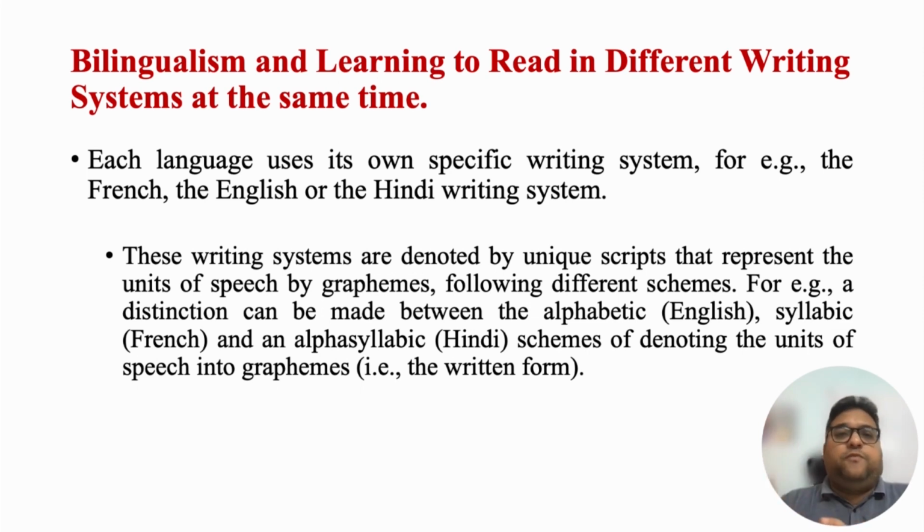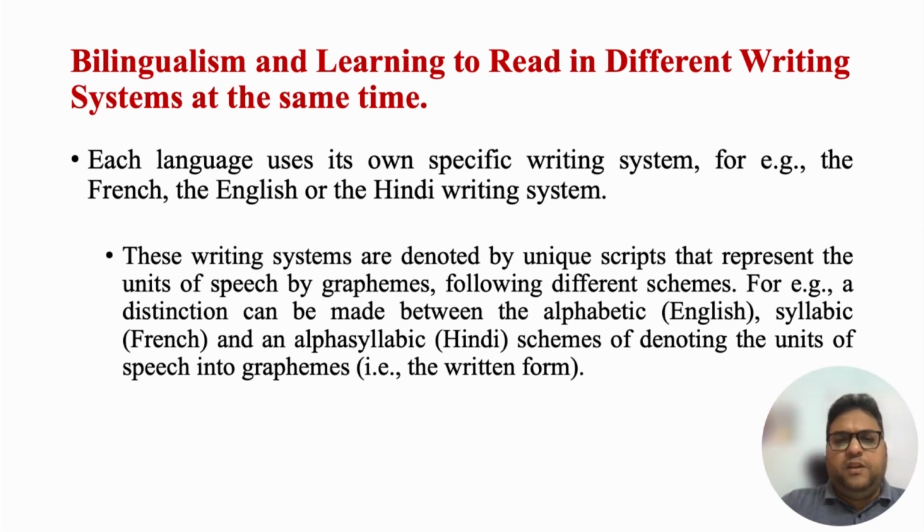Again, there is a lot of debate about the exact characteristics of Hindi and of the Devanagari script used to write it, and whether it should be called an alpha-syllabary or an abugida. But that's beyond the scope of this lecture, and I'm leaving those questions for a different day.